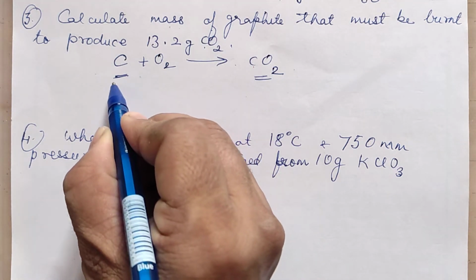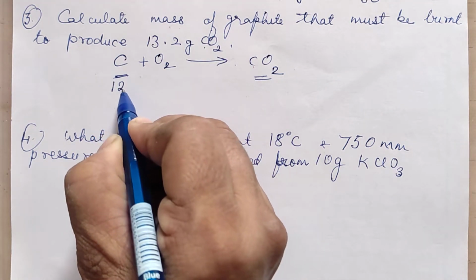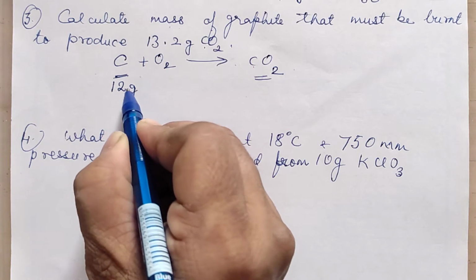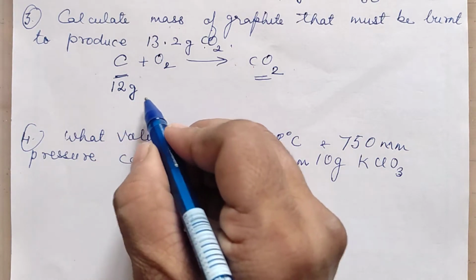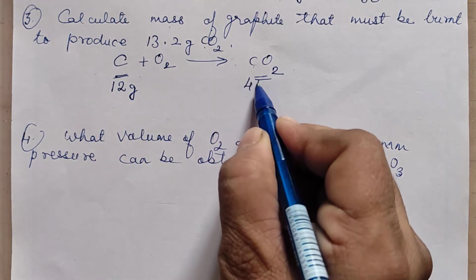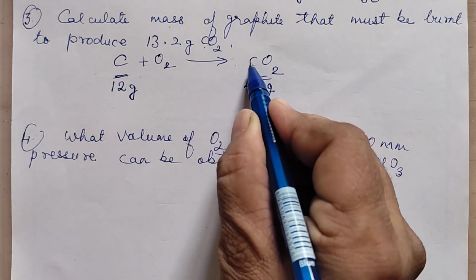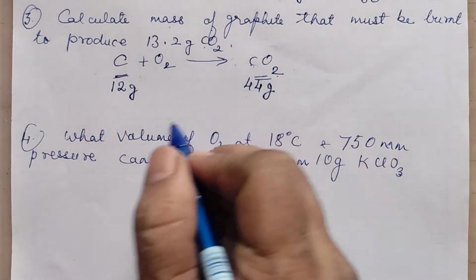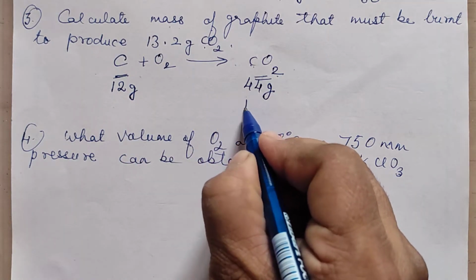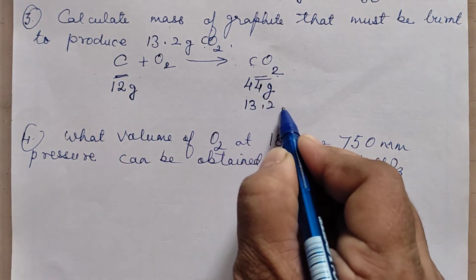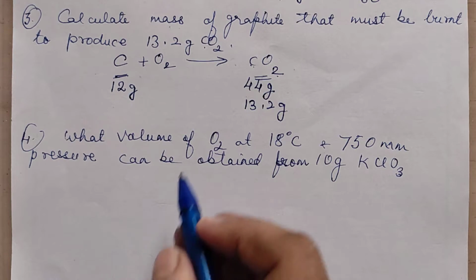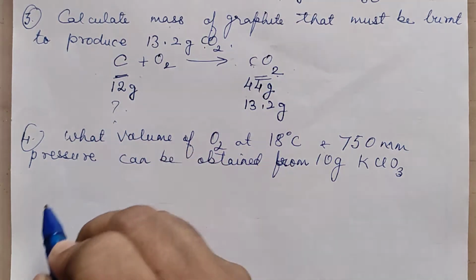So what is the molecular mass of carbon? We will write 12. So 12 grams of carbon, if it is to be burned, you are getting 44 grams of carbon dioxide. 12 plus 2 into 16, 44 grams. So if you want to produce 13.2 grams of carbon dioxide, then how much of this should be required?